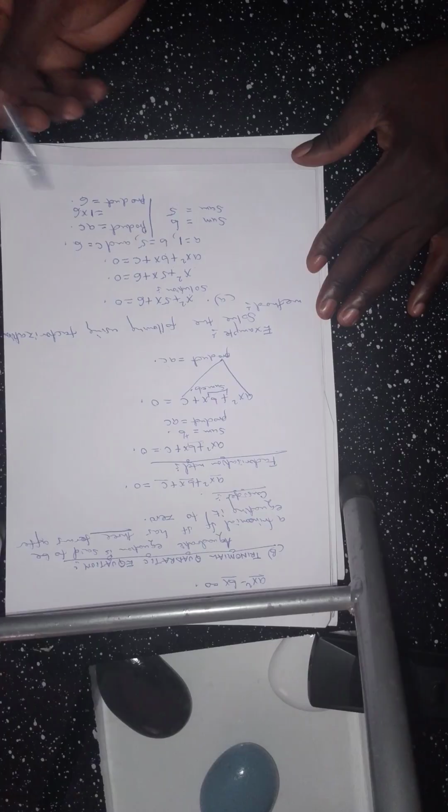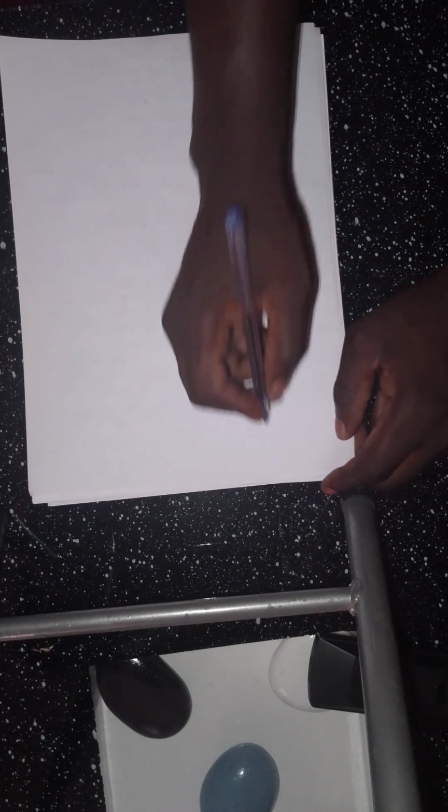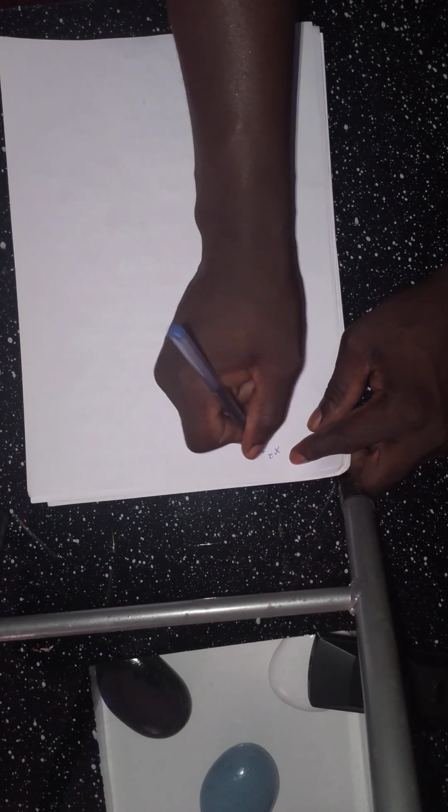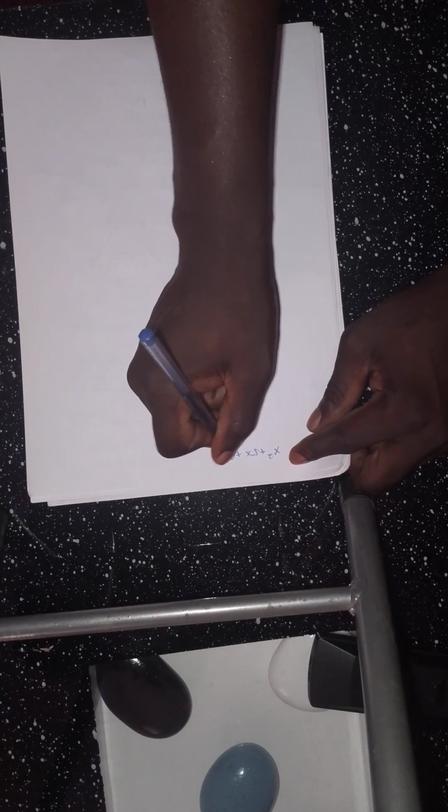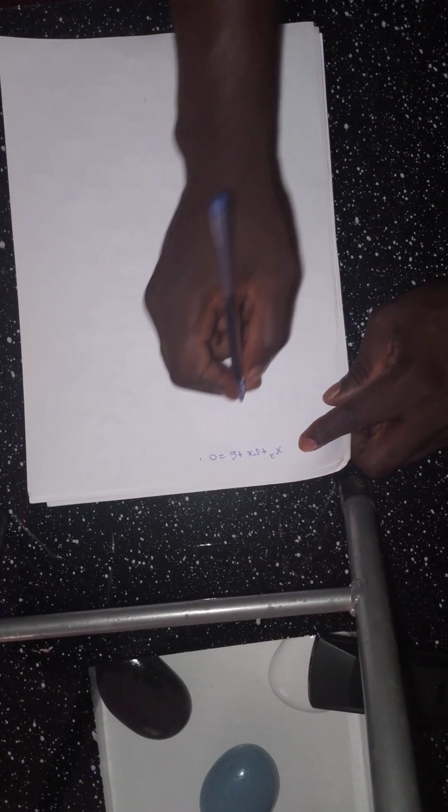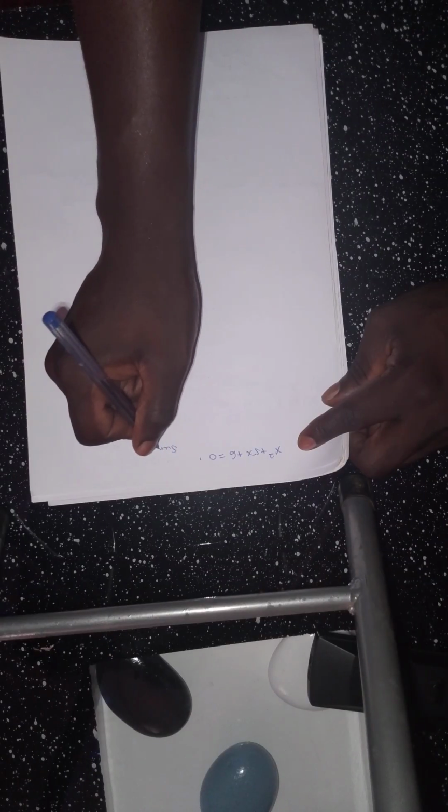After getting the sum and the product, you now go ahead and solve the equation. So our equation is x squared plus 5x plus 6 is equal to 0. My sum was 5 and my product was 6.